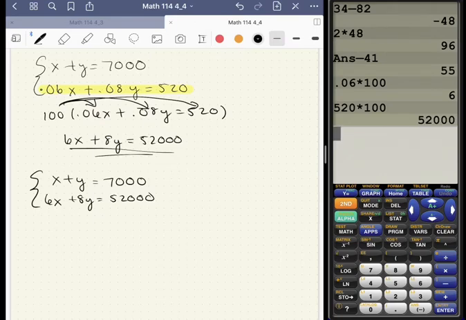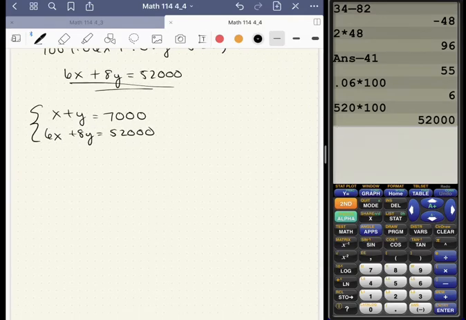Now, since in the previous example I used substitution, I'm going to use the elimination method for this problem. I don't have anything in common, so I must make one of the variables on either one look like the other one. I'm going to work with the x's on this one.